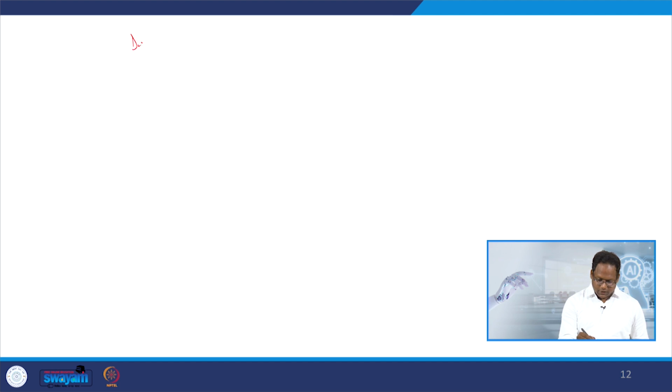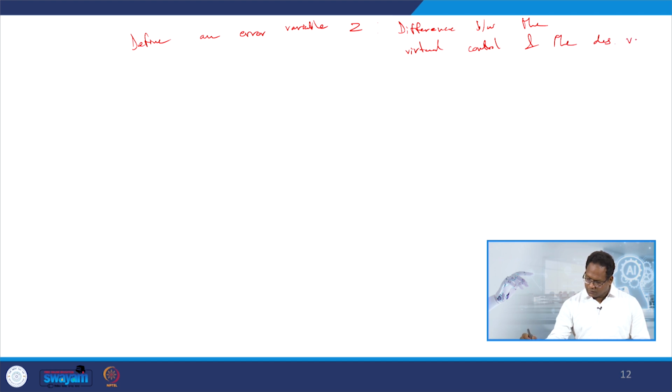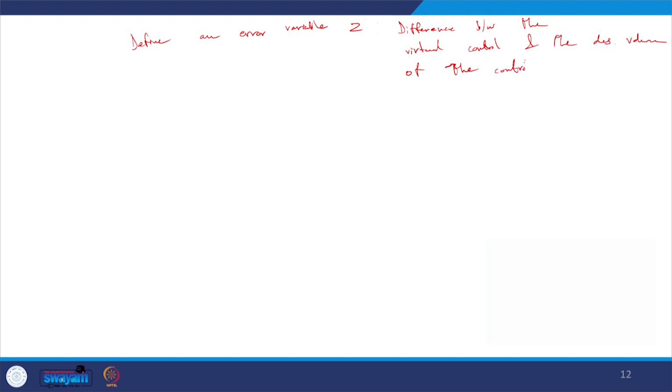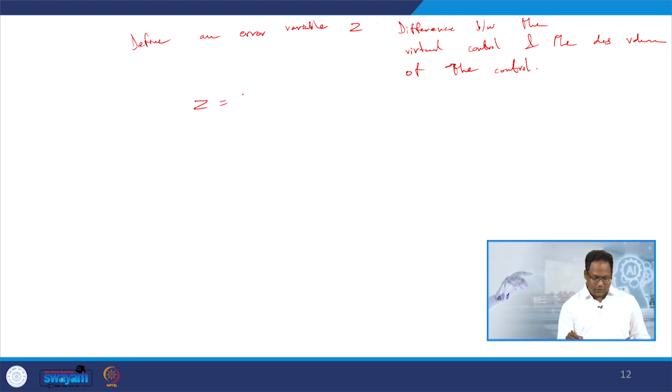At the same time we define an error variable z, which is a difference error signal between the virtual control and the desired value of the control. Thus, the new variable z is given by lambda minus alpha of x.